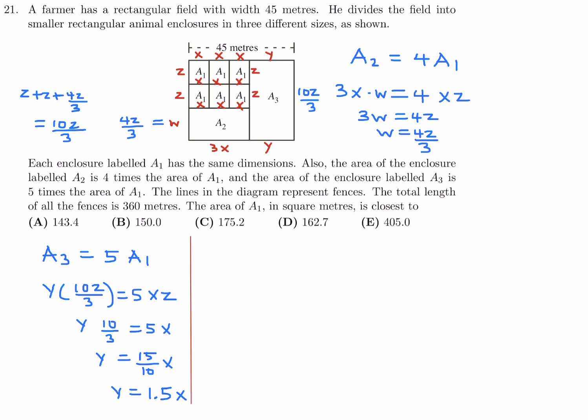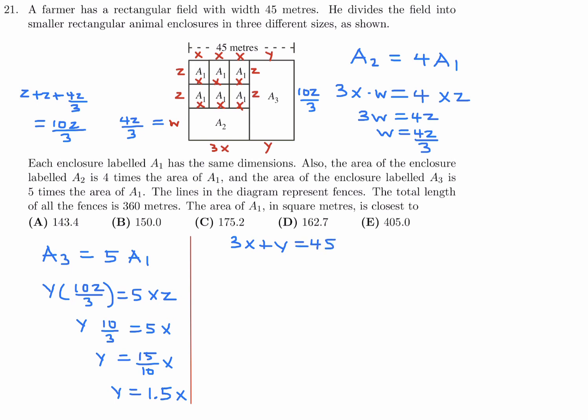Well, now what we have to do is take into consideration the whole business about the fence. That fence is equal to 360 meters. And we also can take into consideration that 45 up there that they gave us. So from the 45, that means that 3x plus y is 45.